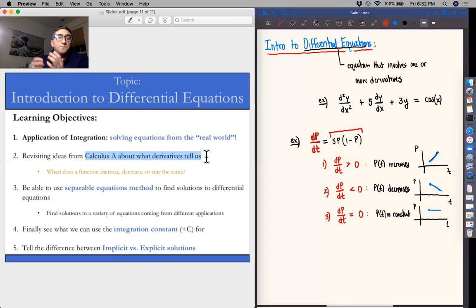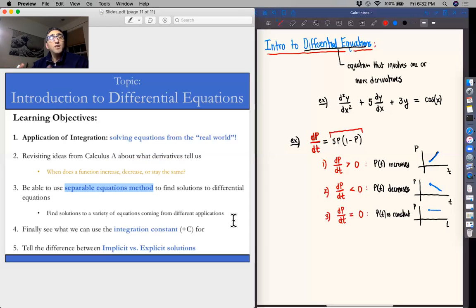So what I want to do in our short introduction to differential equations is revisit some of these ideas from Calc A, relate them back to how we can use derivatives to start modeling and thinking about the real world, and introduce the first solution technique we're going to use in our course. In Calculus B, that technique is called the separable equations method.